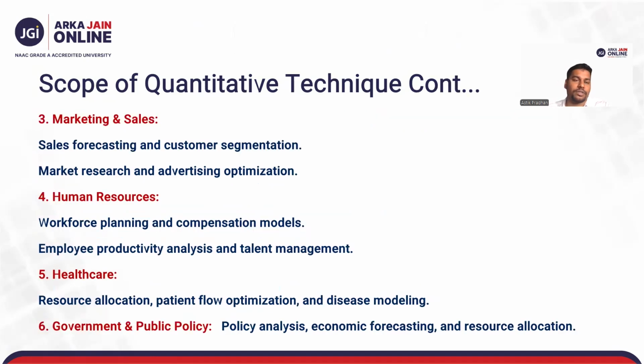Marketing and sales. Of course, based on statistics, we can say what can be the upcoming sales, future sales, what can be the sales value, whether sales are going to be high or low in the upcoming season or upcoming cycle. Based on the past data or the current data, we can predict the future data.